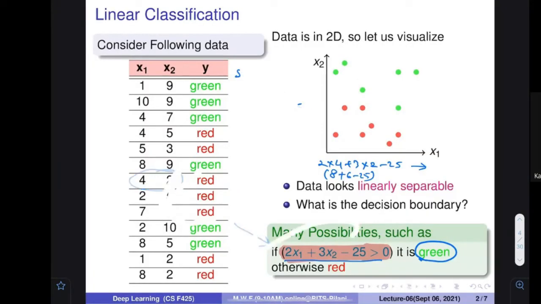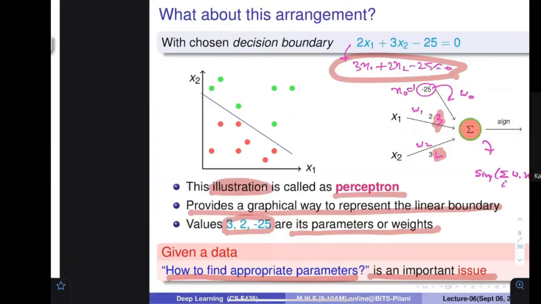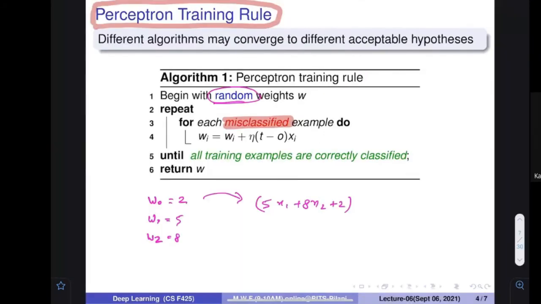If I put any particular point, for example, the point 2 and 5, what is the value? If I put x1 equal to 2 and x2 equal to 5, it is 10 plus 40 plus 2, which becomes 52. The sign is positive.